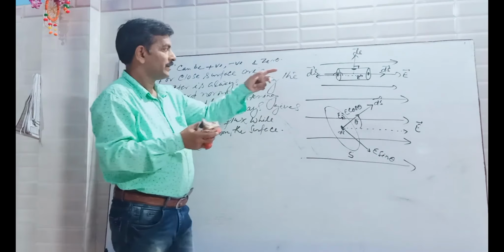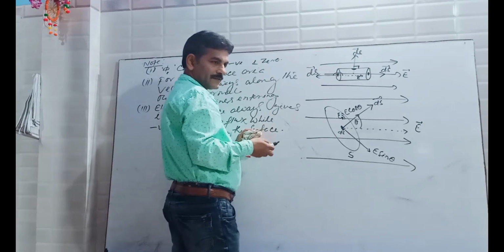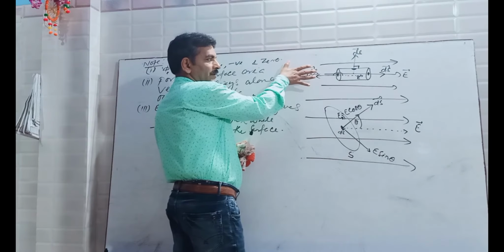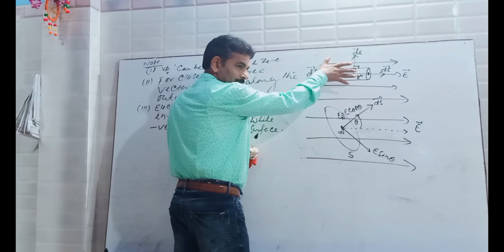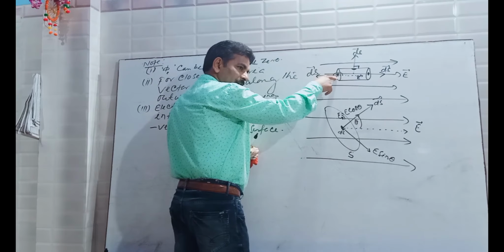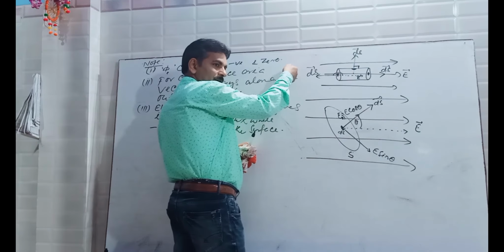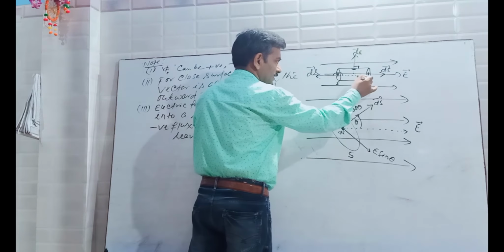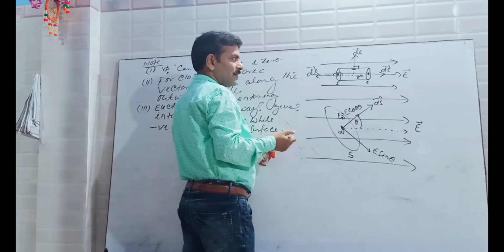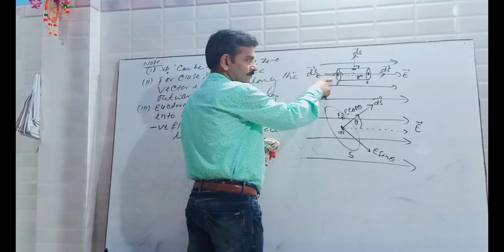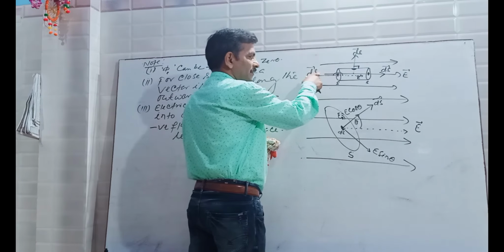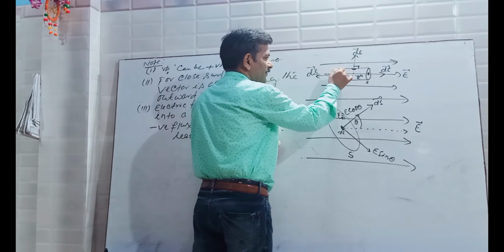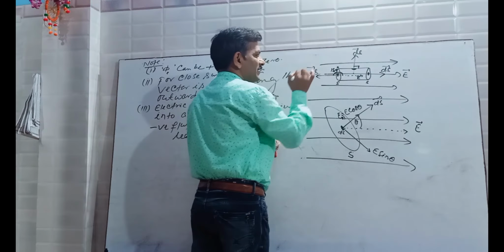You see, here this is the cylinder closed surface. Here electric field lines are entering into the cylinder. But for this surface of the cylinder, the area vector is outward. Here for this surface, if the surface area is S, this is also S. For this surface, the angle between area vector and electric field is what? 180 degrees.